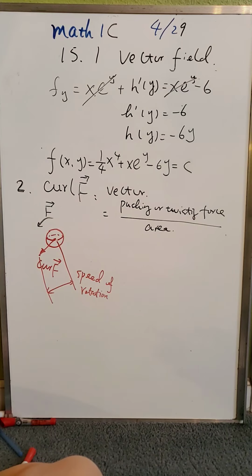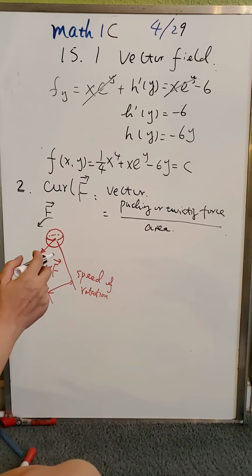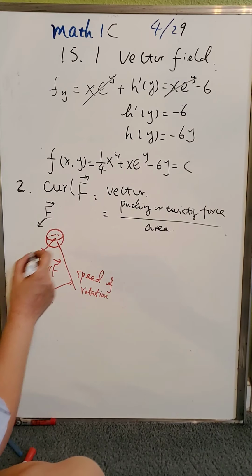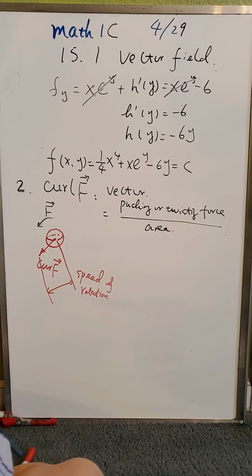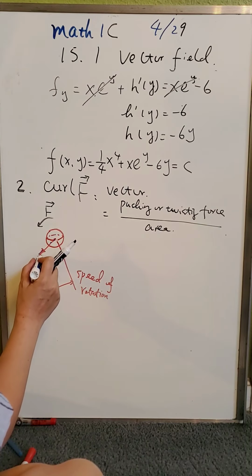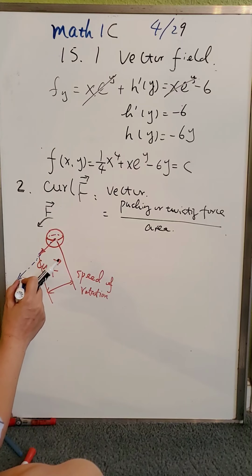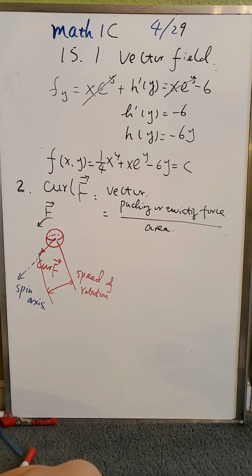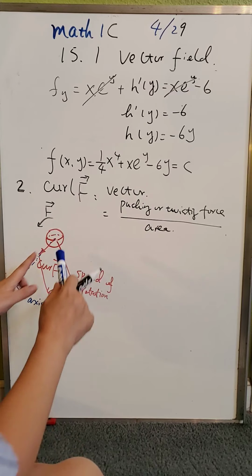There's also the axis they spin on, because this one spins on it too, right? It's like a rod you put inside, you're holding it. Wherever the spin axis is, so this is the spin axis. And your spin axis will never change no matter where you put it.